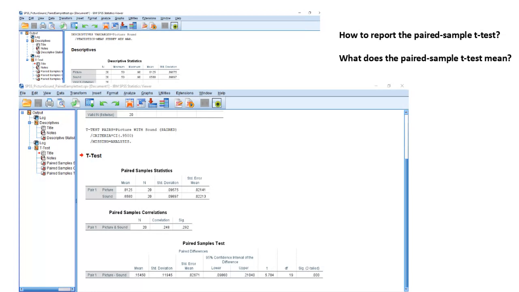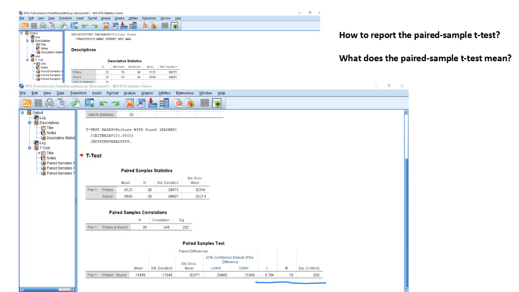So what you have is the paired sample t-test. The mean difference is 0.15 between the pictures and the sounds. And your t-test is here. You have degrees of freedom of 19, and the t-value is 5.784, and the p-value is 0.00, but you can say p less than 0.001.